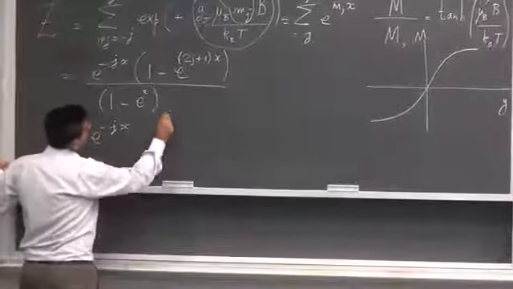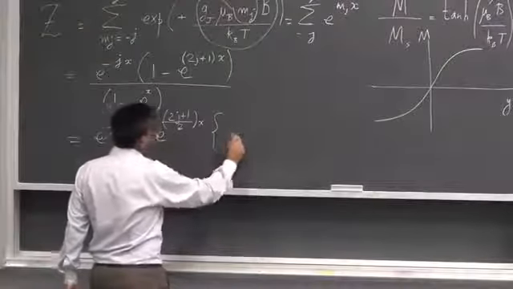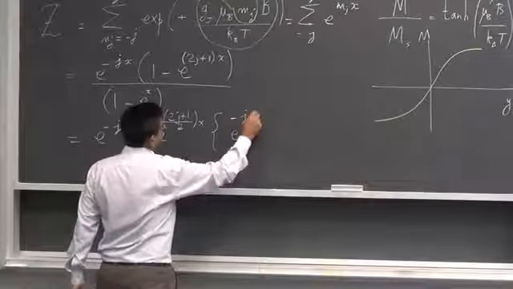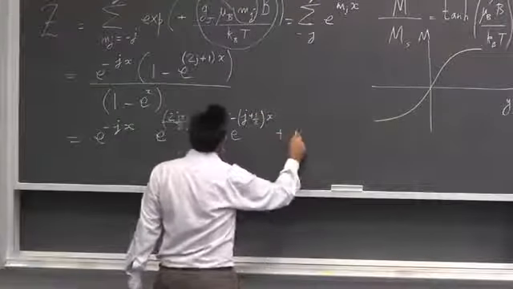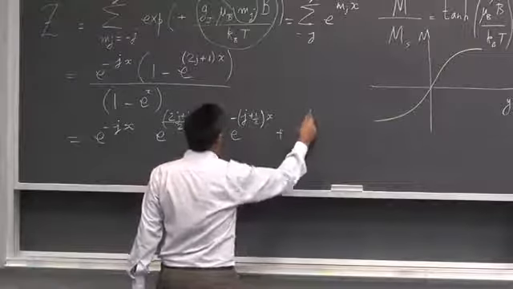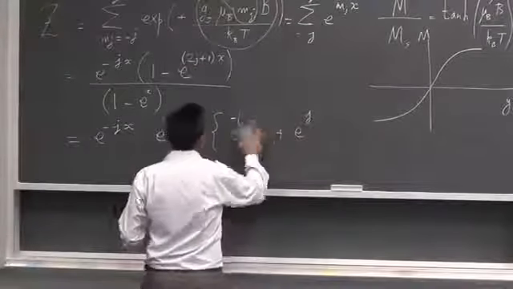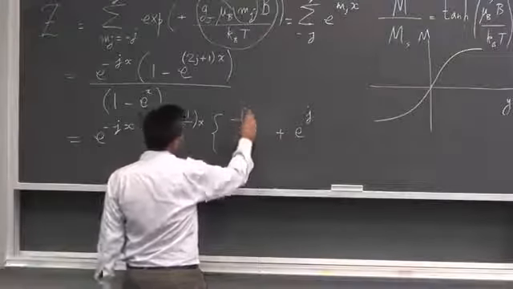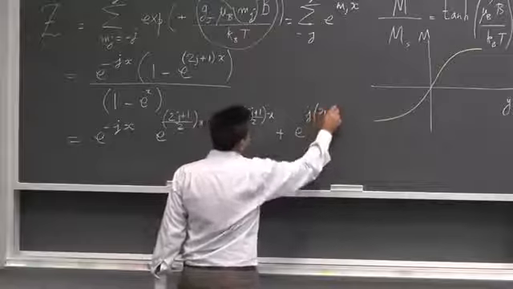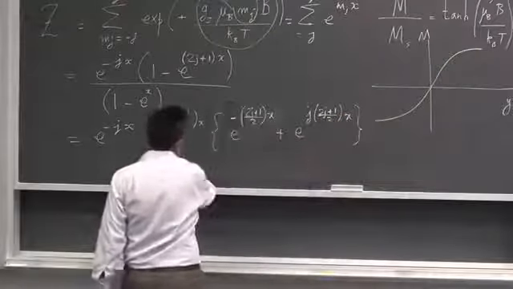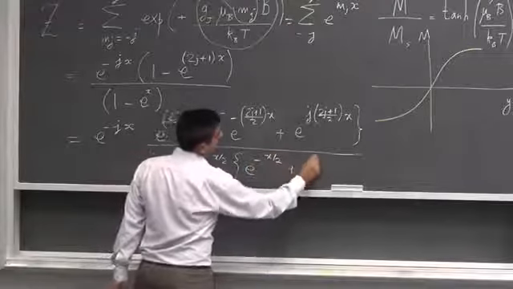I take e raised to the power (2J plus 1) over 2 x as common in the numerator, and e raised to the power x over 2 as common in the denominator, leaving e raised to power minus (2J plus 1) over 2 x plus e raised to power (2J plus 1) over 2 x, divided by e raised to power minus x over 2 plus e raised to power x over 2.